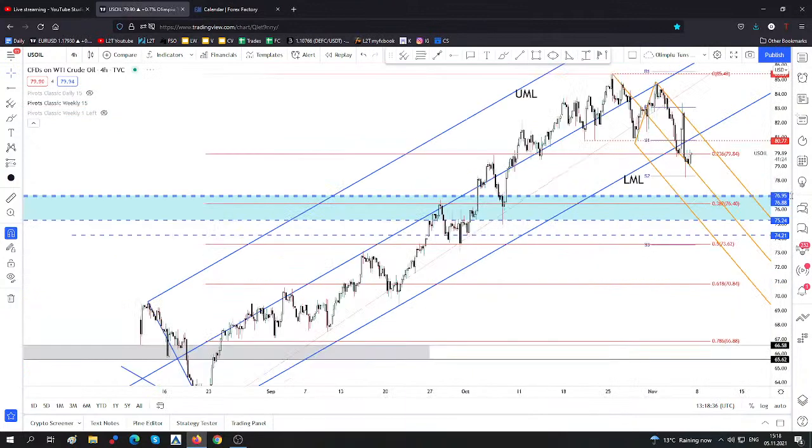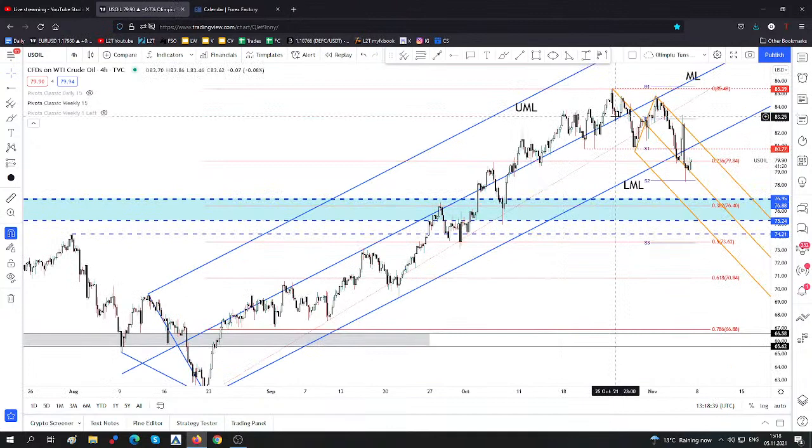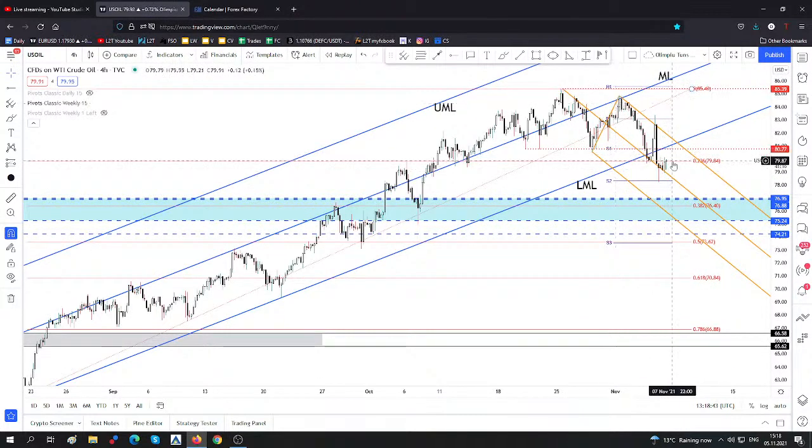Finally, the price has escaped from this ascending pitchfork's body after its failure here to stabilize above the medium line. It has retested the medium line. Right now it has dropped below the lower medium line, and here maybe a retest of the 80.77.